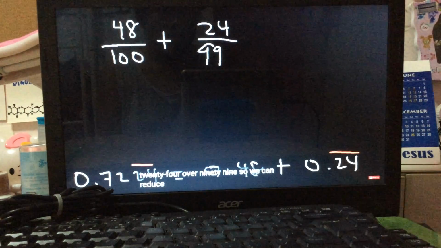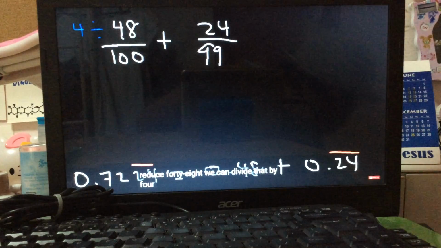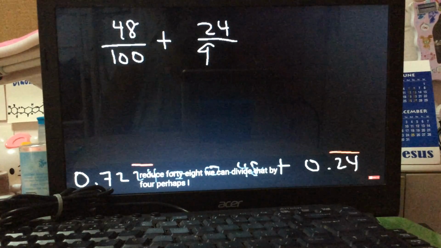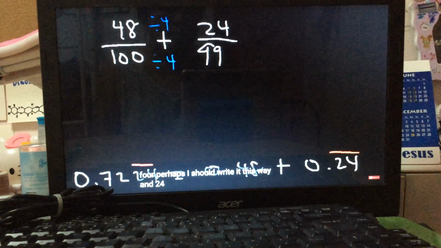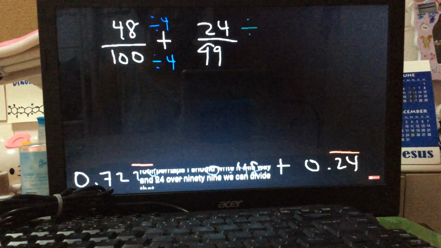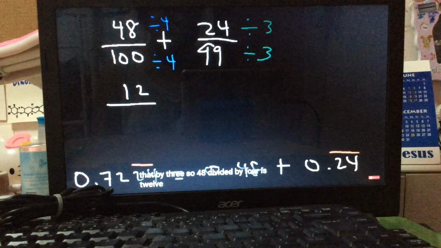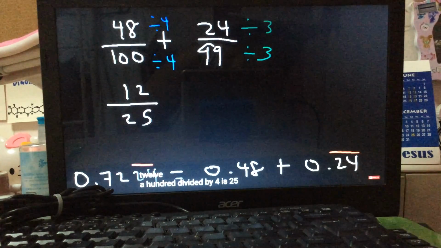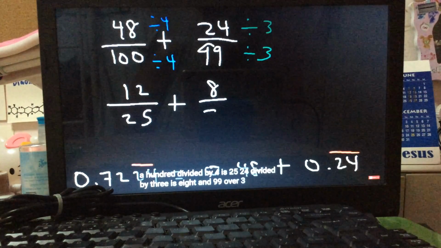So we can reduce 48. We can divide that by 4. And 24 over 99, we can divide that by 3. So 48 divided by 4 is 12. 100 divided by 4 is 25. 24 divided by 3 is 8. 99 over 3 is 33.